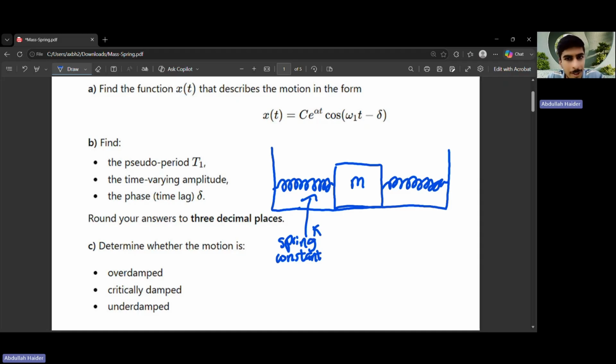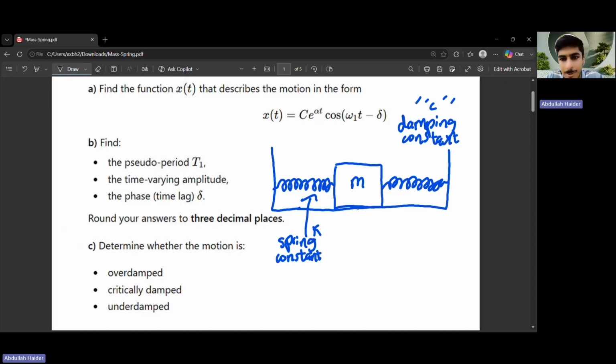Even though you might have taken university physics 1 or 2, this might be something new to you, which is the damping constant. Damping constant is denoted by C. So this is basically a kind of force which hinders or stops the motion of the block from equilibrium.